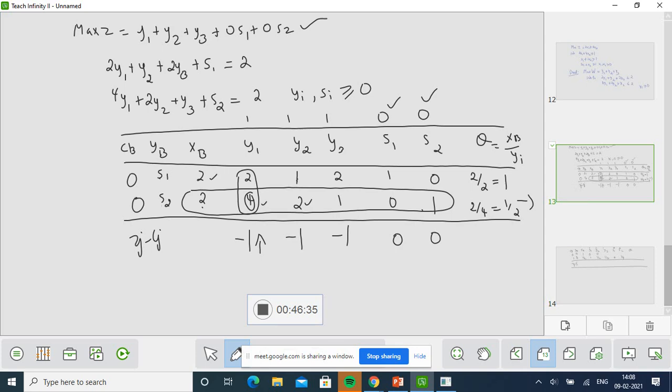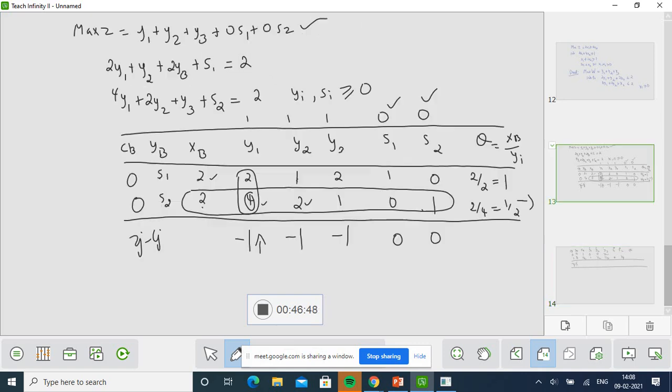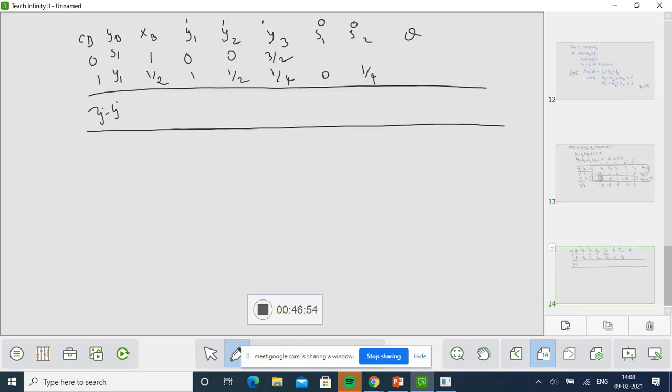Then come over here, 2 minus 1 into 2 by 4 is half. 2 minus half is 3 by 2. So here entry becomes 3 by 2. For your S1, it is 1 and S2, it is minus half.